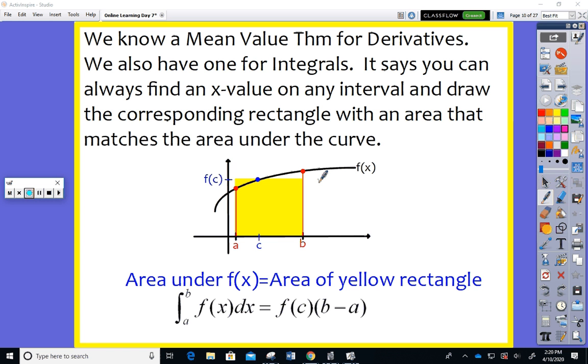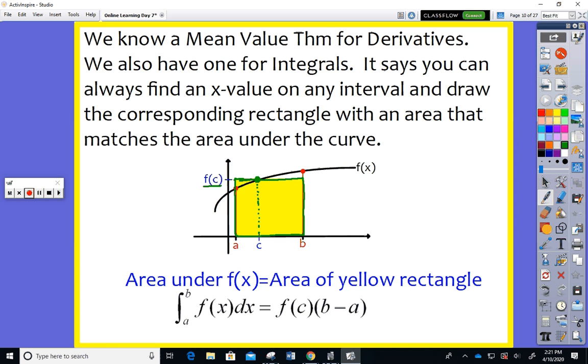Once you find the c, you find the y value on the curve that goes with that c, called f of c, and make that the height of a rectangle. The yellow rectangle you draw will have the same area as the exact area under the curve of f of x from x equals a to x equals b.